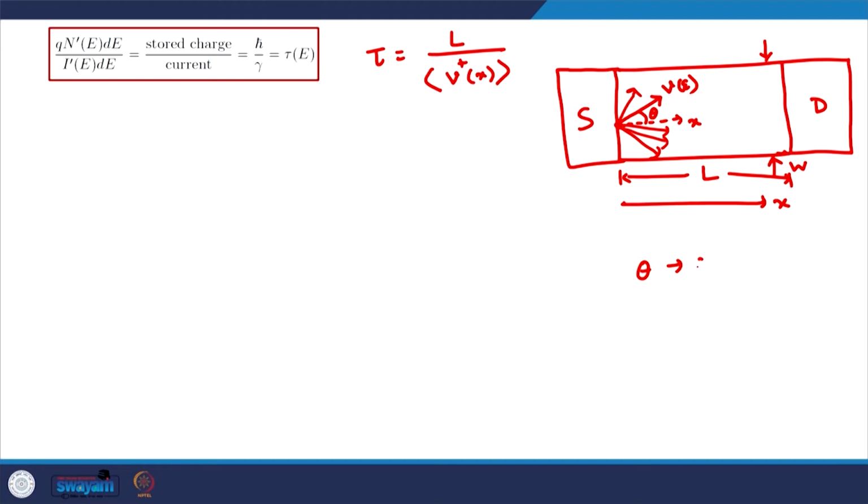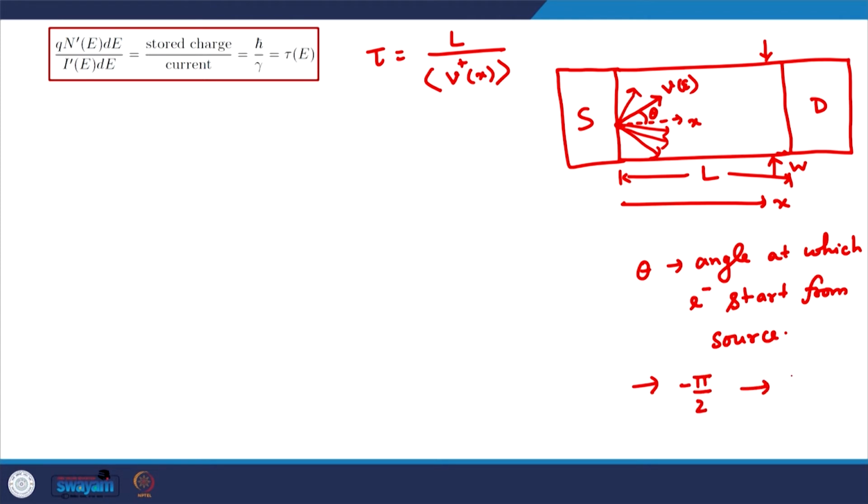Ideally, this theta, the angle at which electrons start from the source, can range from minus pi by 2 to plus pi by 2. So, this can be from this angle to right up to this angle in positive x direction. Okay.